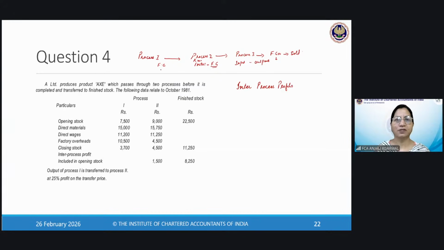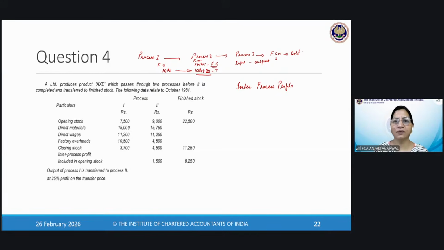So let's say process one incurs the material, labor, and overheads, and the cost per unit comes out to be 10 rupees per unit here. So the 10 rupee cost per unit becomes raw material for process 2, plus it incurs another 20 rupees from its own side, value addition.